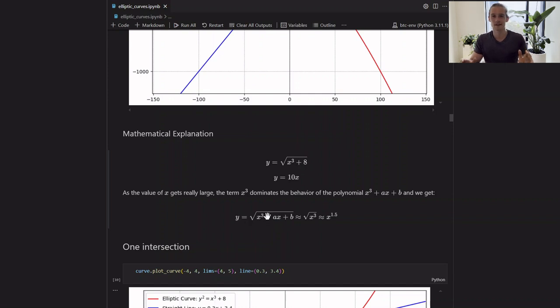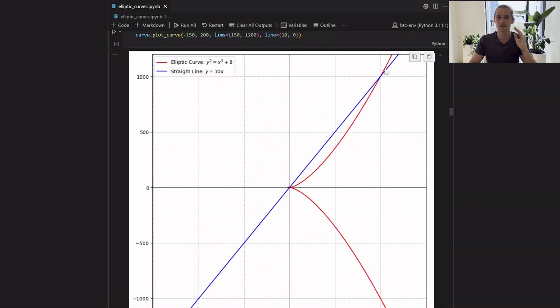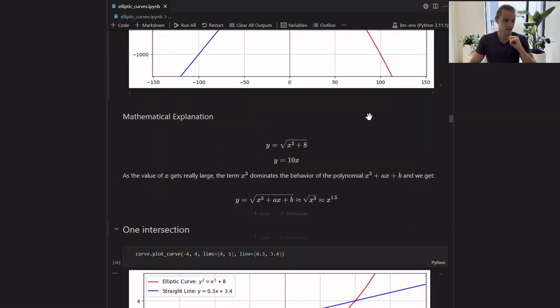So at some point, as x approaches some limit, this will basically just be x cubed, or the square root of x cubed, which is roughly equal to x to the power of 1.5. Now, mathematically, this is guaranteed to at some point rise faster than any straight line that we can choose that isn't a perfectly vertical line.